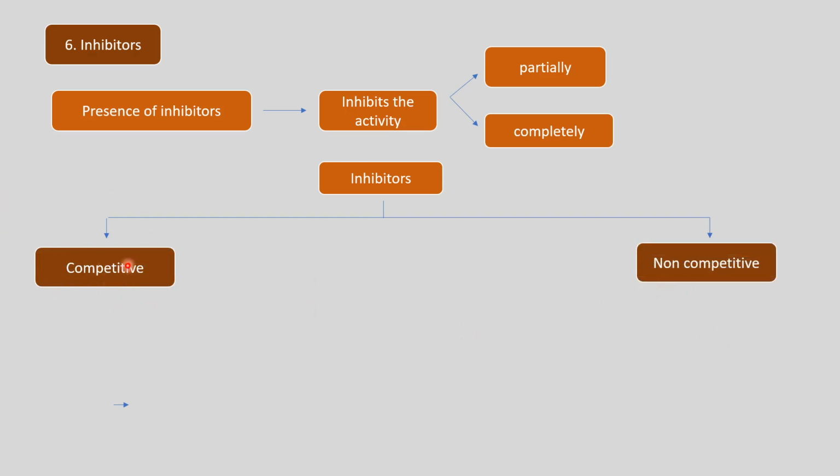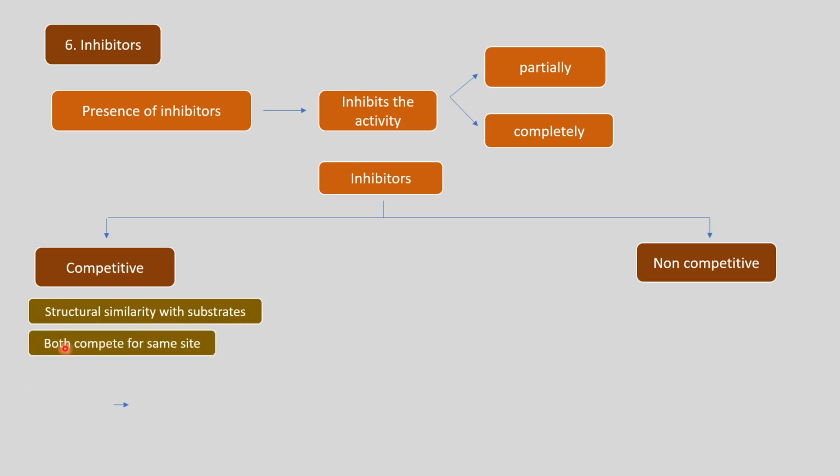As the name suggests, competitive inhibitors are those that would compete with the substrate, right? Inhibitors have structural similarity with the substrates, so they are almost similar to the substrate. As they are similar to the substrate, both of these will compete for the same active site.